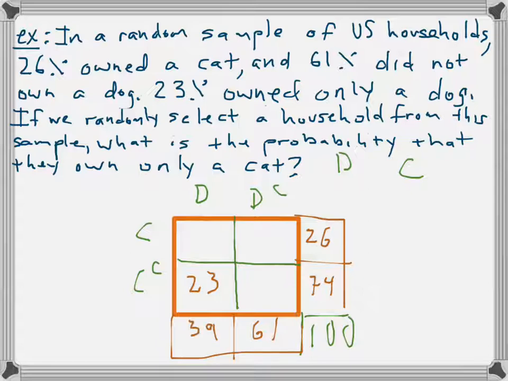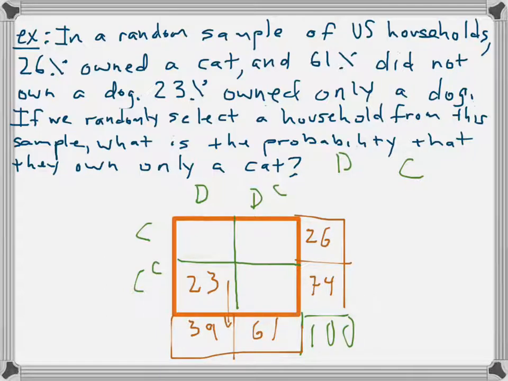Hopefully, yeah. So from here on out, it's kind of like a Sudoku puzzle. In fact, it kind of started like a Sudoku puzzle. These rows and columns all have to add up to the margins. So if I start with this 23 here, I go, okay, if 23% of people had a dog but not a cat, let me put it this way, this has to add up to 39.